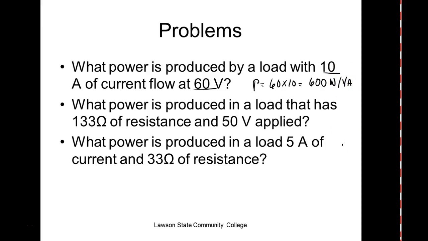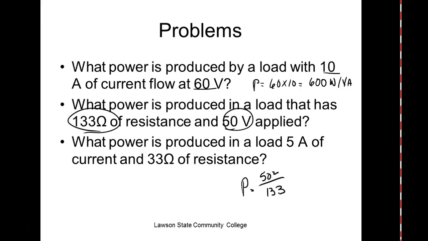What is the power produced in a load that has 133 ohms of resistance? So this will be watts at 50 volts. Well, here it would be equal to 50 volts. So we know two things. So here we'll use V squared over R. Now, of course, you'd probably have to have a calculator to do that. Are we okay?